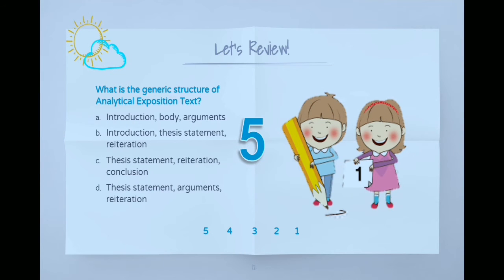And then let's come to the last question. What is the generic structure of analytical exposition text? A. Introduction, body, and arguments. B. Introduction, thesis statement or reiteration. C. Thesis statement, reiteration, and conclusion. Or D. Thesis statement, arguments, and reiteration.